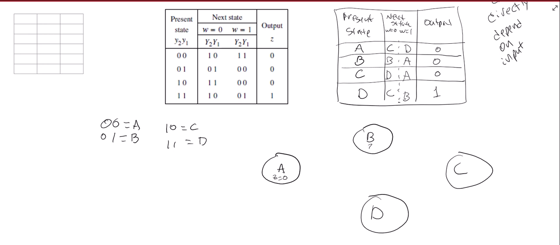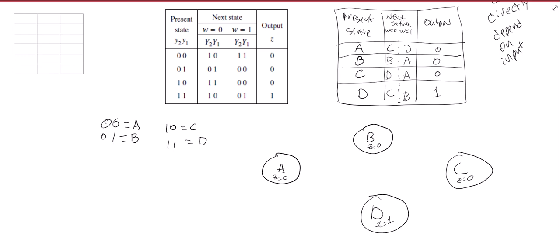Z equals 0 on all of them except for state D, where Z equals 1. Then I only have one input, which is W, and W will tell me what state I go to. So for each state, I need to see what happens for every possibility of the input. There's only one input. It can only be 0 or 1.